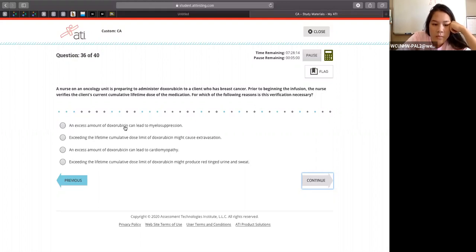An excess amount of doxorubicin can lead to myelosuppression. Exceeding the lifetime cumulative dose limit of doxorubicin might cause extravasation. An excess amount of doxorubicin can lead to cardiomyopathy. Exceeding the lifetime cumulative dose limit of doxorubicin might produce a red tinge in urine and sweat.